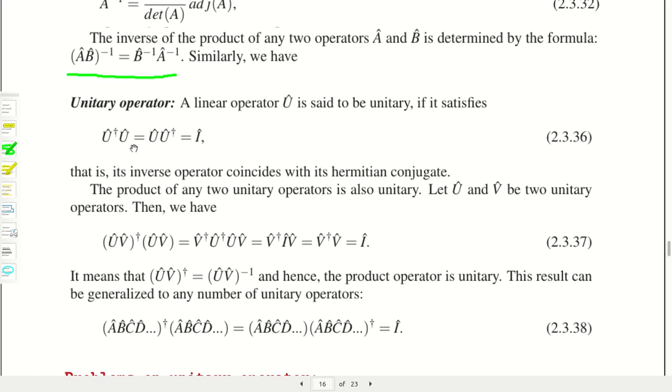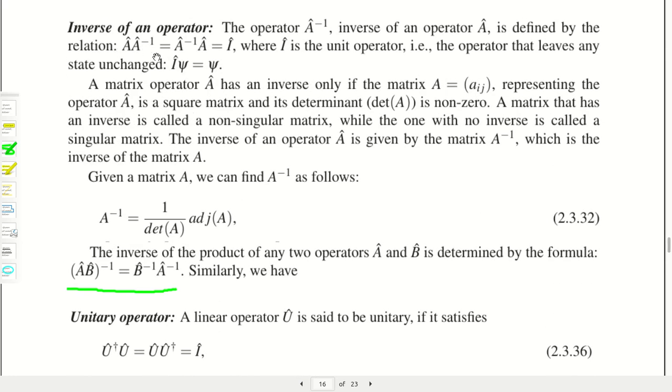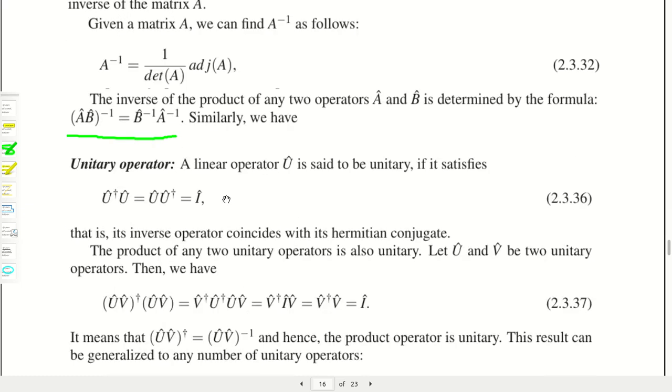A linear operator U will be unitary if the product of its Hermitian conjugate and itself is equal to the unit operator, that is U dagger U is equal to I. See here, in the case of inverse, A inverse A is equal to I. So obviously for the unitary operator, if this relation holds, then you can say that the dagger, that is the Hermitian conjugate of the unitary operator, is obviously equal to the inverse of that operator.